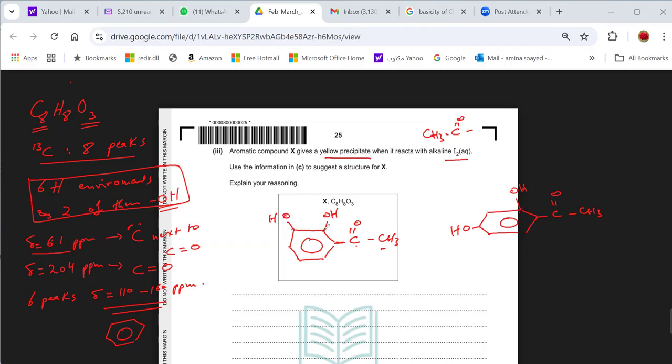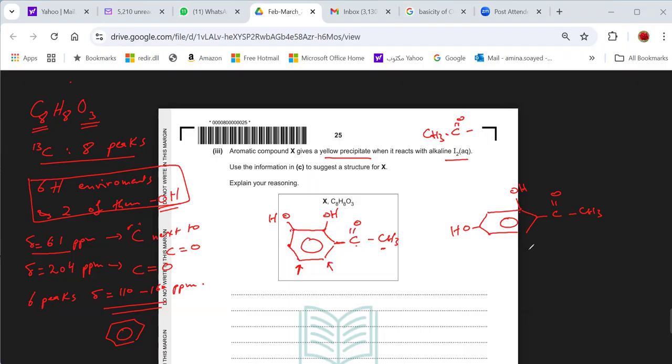Because here, when we look at this carbon, it's different from that, because it is bonded to a C, bonded to a C double bond O. When we look at this, it's different. Here we have a different carbon because it is bonded from one side to the carbon OH and from the other side to CH2. So it's different from them. This one is bonded to a carbon that is bonded to a COH, and this is bonded to a CH2, but to a C double bond also it's different.